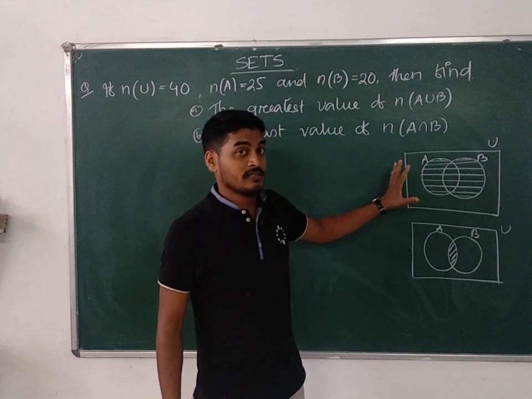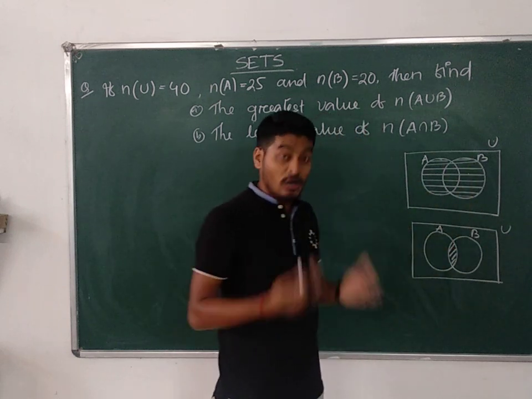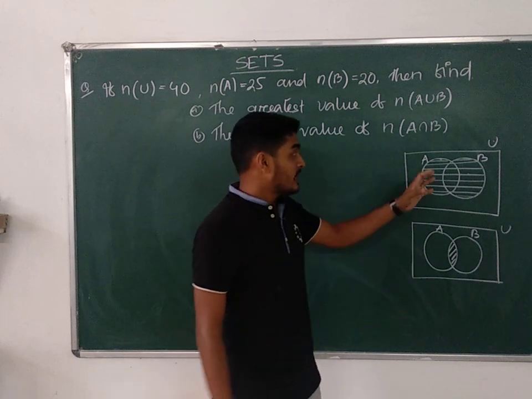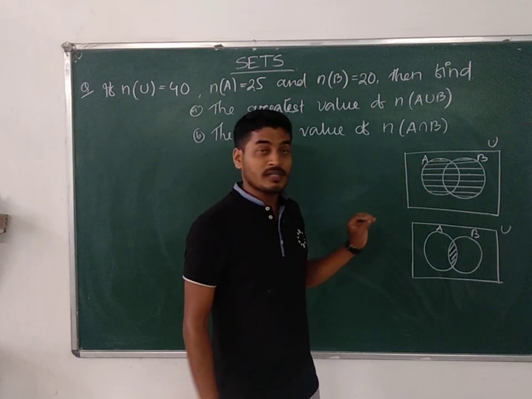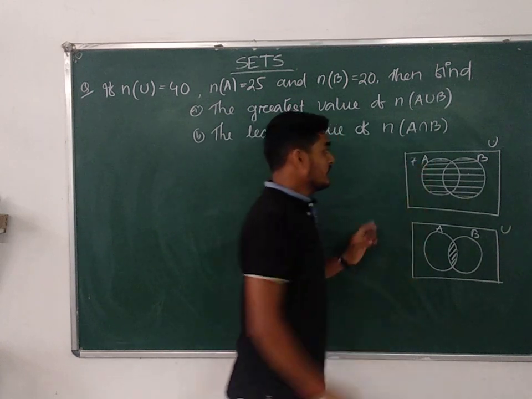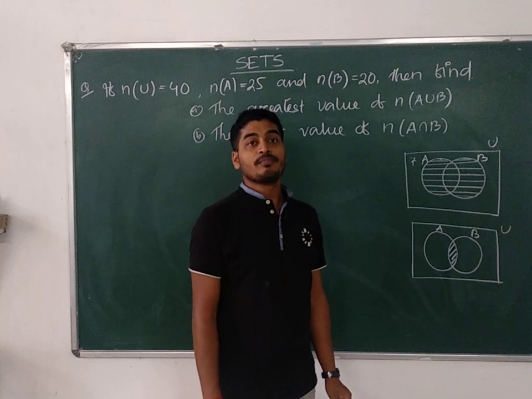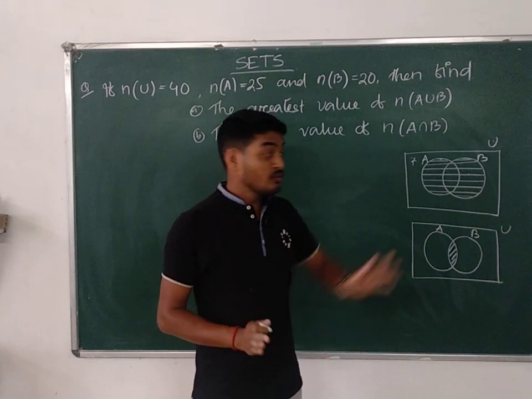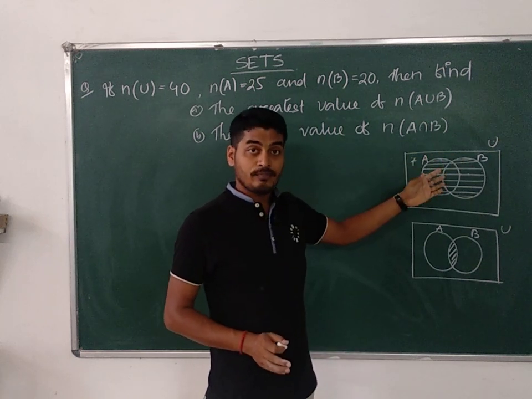But remember, if some elements are there in the universal set, it does not imply that they should be there in A union B. For example, 7 is in the universal set, no doubt, but 7 is not there in A union B. Universal setor bhitor thoka boli kole A union B nathakibo pare.